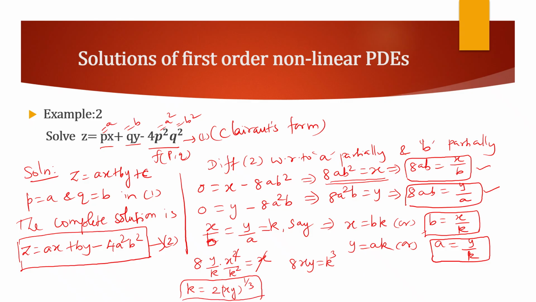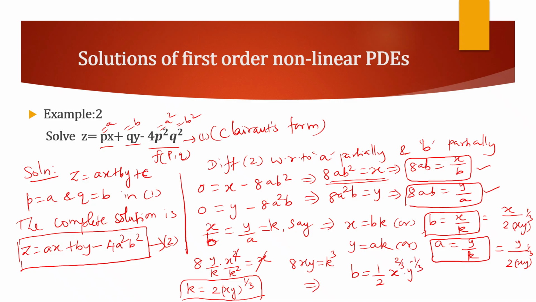So now using this substitution here, we get b as x by 2 into xy the whole power 1 by 3, and a is y by 2 into xy the whole power 1 by 3. So upon simplification we get b is equal to 1 by 2 x power, when you take this xy the whole power 1 by 3 to the numerator, it is x power 1 minus 1 by 3, that is x power 2 by 3 into y power minus 1 by 3.